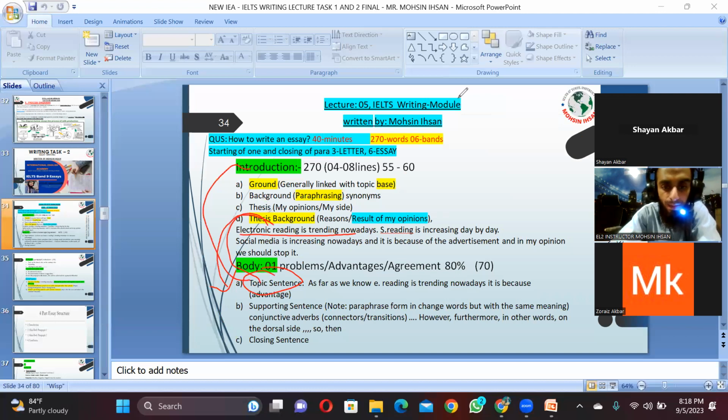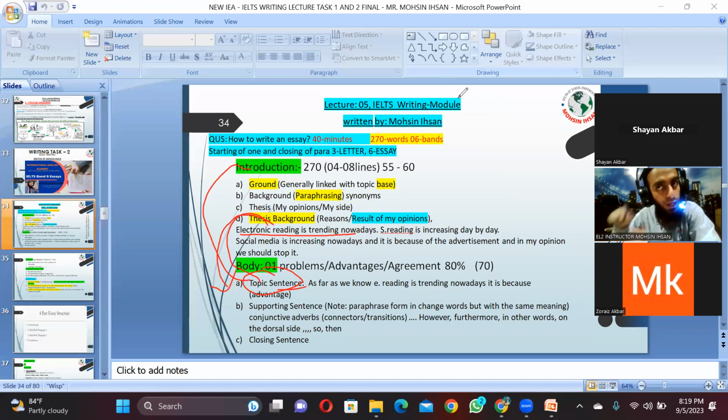Now, for instance, you would say, on the brighter side, if you're discussing the advantages. If you're discussing the disadvantages, on the darker side, on the contrary side, on the opposite side, unfortunately, regrettably, on the other hand, right?